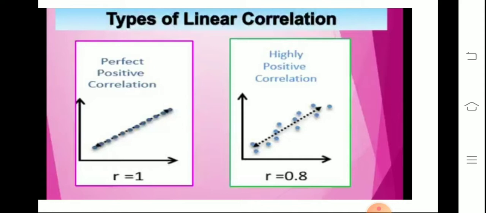We also have types of linear correlation. The perfect positive correlation: the trend is upwards and it is equal to 1. For the highly positive correlation, we have 0.8.